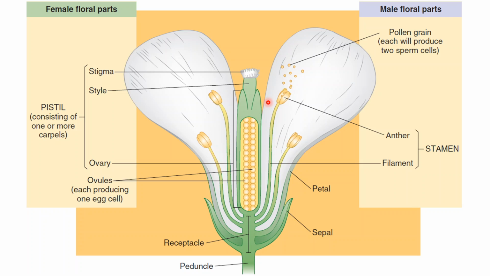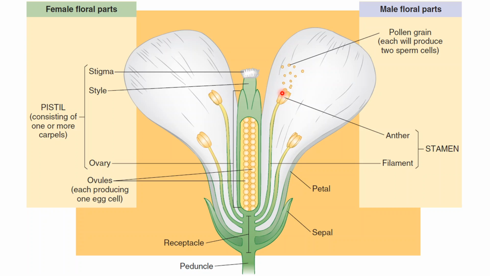For sexual reproduction to occur, pollen grain must be transferred from the anther to the carpel. So from the anther to the carpel, but not the same carpel, but another carpel, because you don't want to have a sexual reproduction with the same flower.